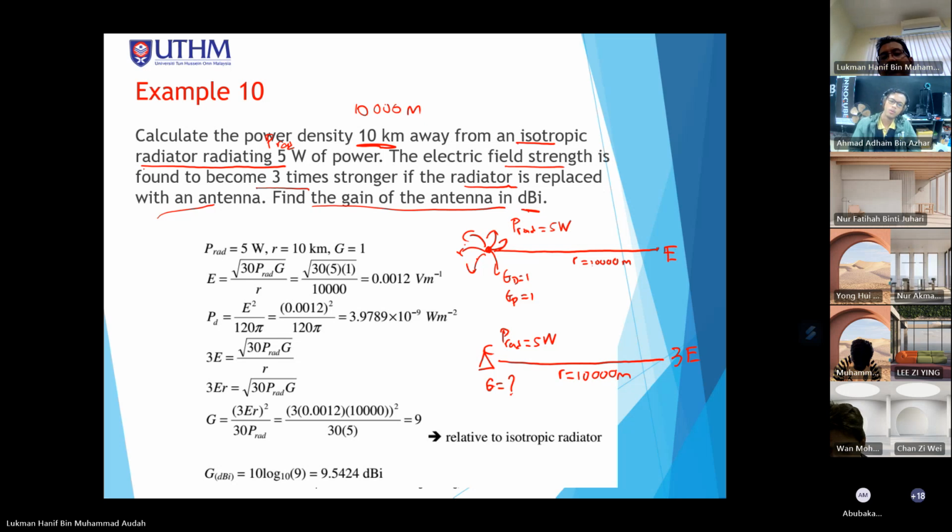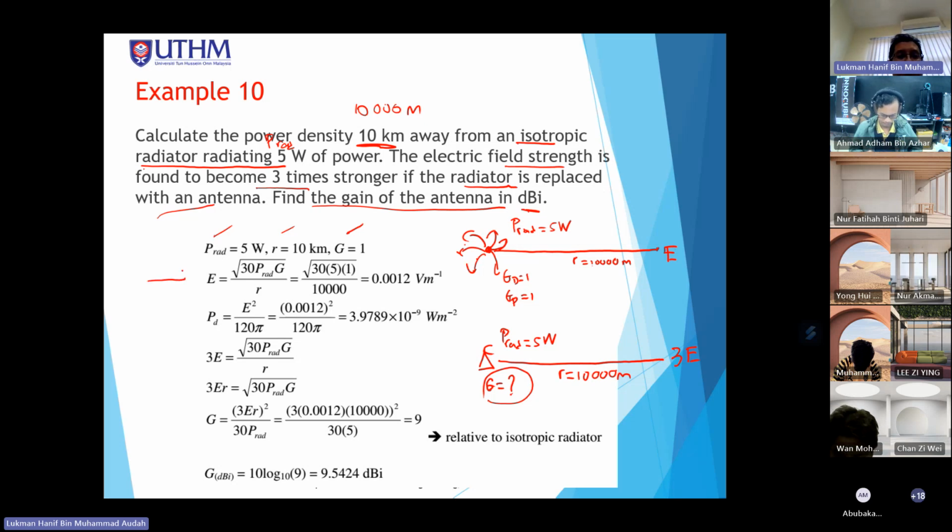So the question asks you to find how much the gain is. First of all, we need to know about the isotropic antenna. We are given the P radiation and the distance, and we know the gain for an isotropic antenna is 1.